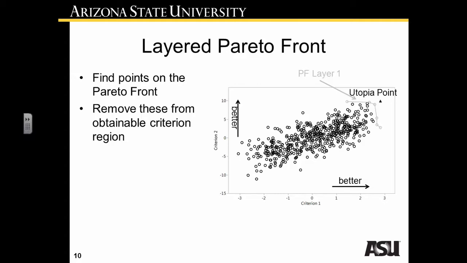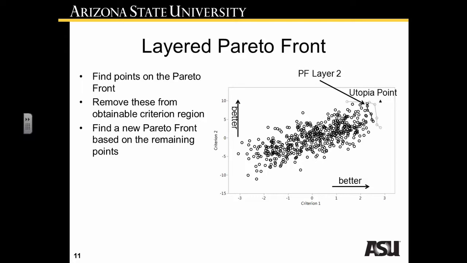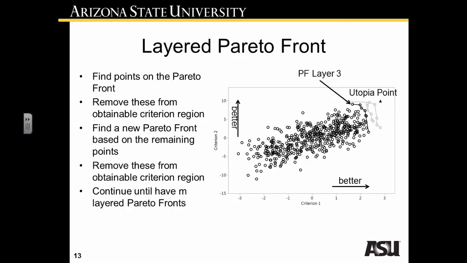Here we have the next set of dominant points from this remaining set. We label these as belonging to layer 2 in the Pareto front, set those aside, remove them from the obtainable criterion region, and look for the next set of dominant solutions. And we continue this until we have, say, M layered Pareto fronts.